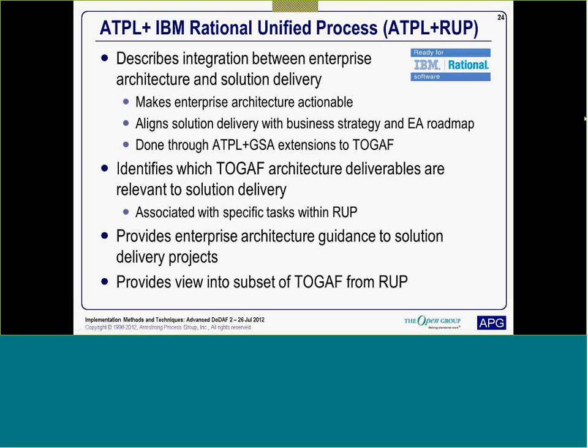So this provides the enterprise architecture guidance that solution delivery projects need in order to learn how to operate within that EA landscape. It also provides us a view into TOGAF, at least a subset of content that's relevant to people using the unified process.